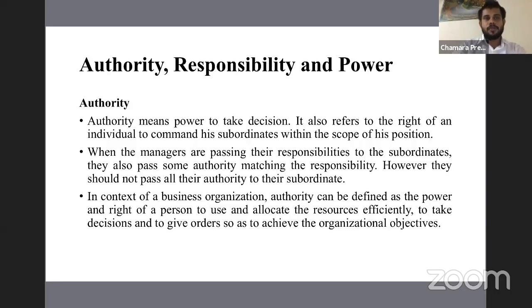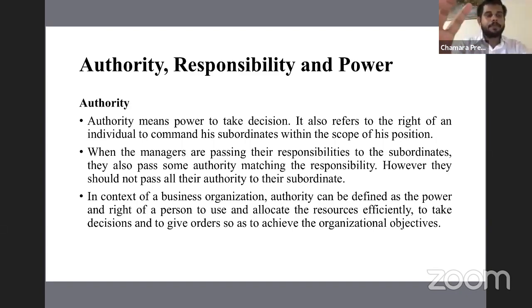Once you delegate those tasks, we need to give the authority as well. Authority means power to take decisions. It also refers to the right of an individual to command his subordinates within the scope of his position.